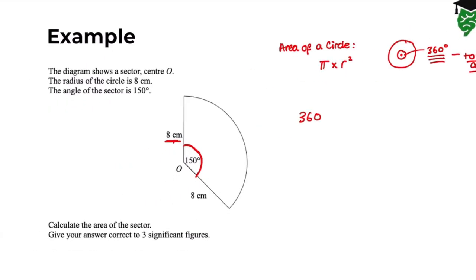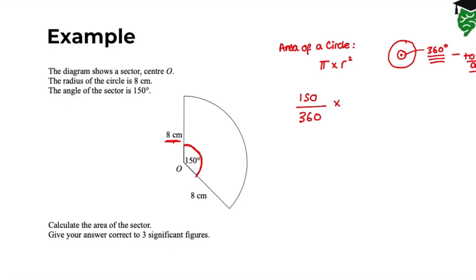However, in this sector, we don't have 360 degrees. We only have 150 degrees, and we only want the area which has 150 degrees. So basically, out of a total of 360, we only want 150.